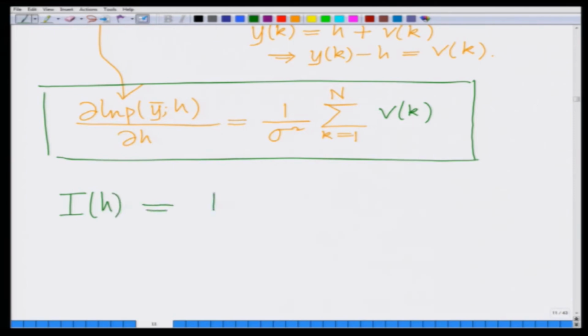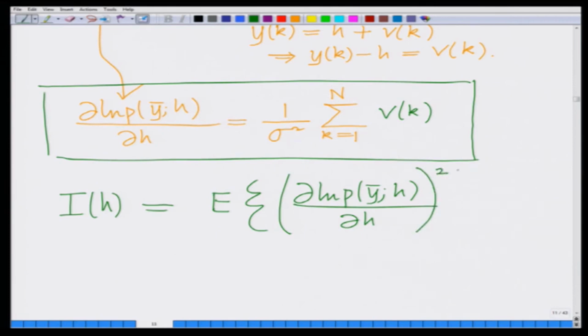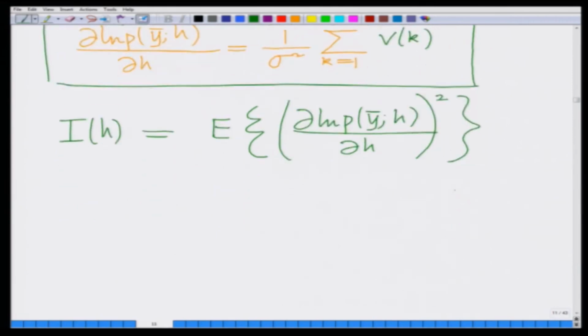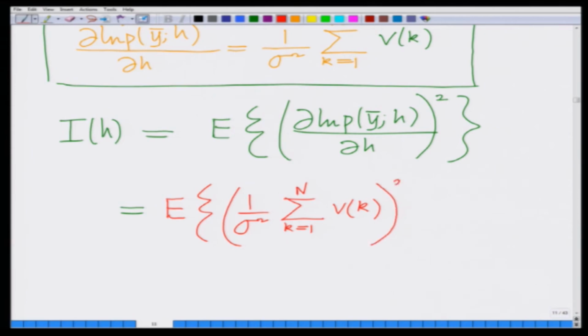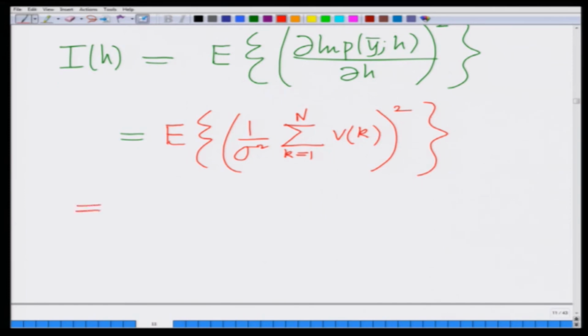The Fisher information is the expected value of the square of the derivative of the log likelihood function, which is the expected value of, basically we computed the derivative of the log likelihood function, that is 1 over sigma square summation k equals 1 to n v k whole square.